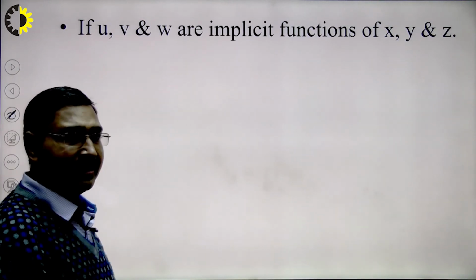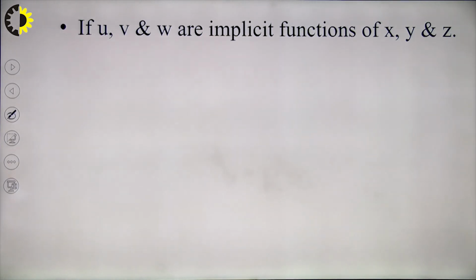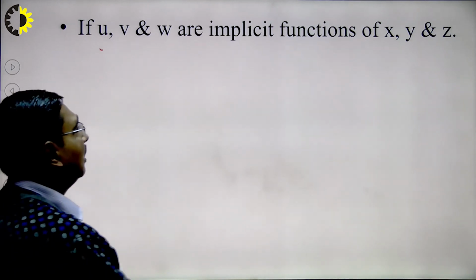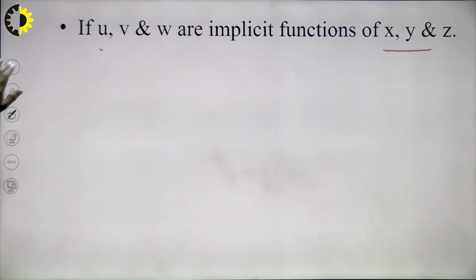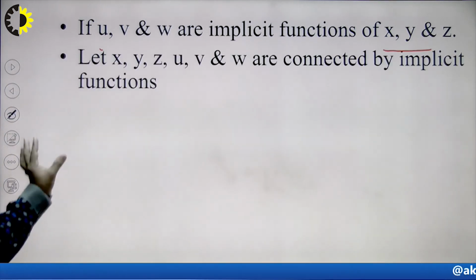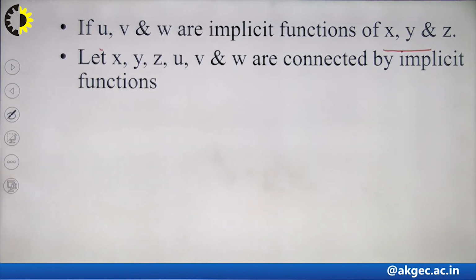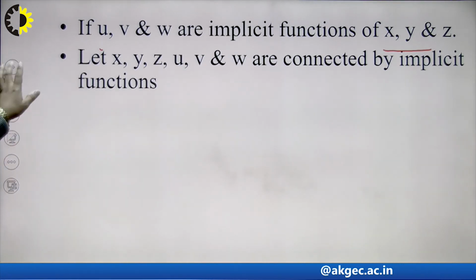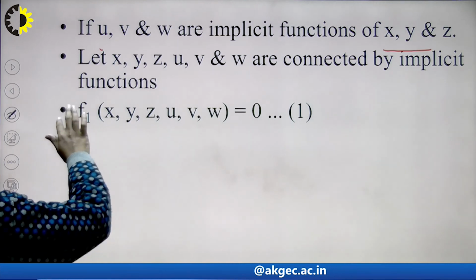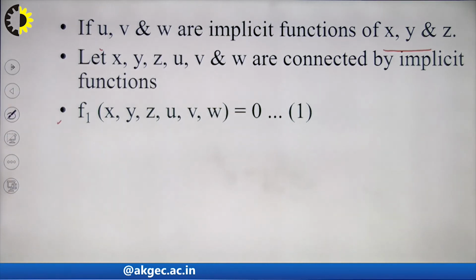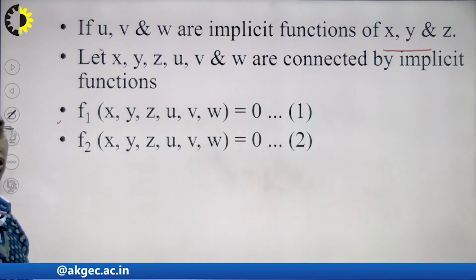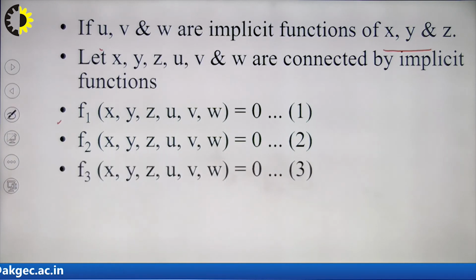Now, we understand this same property for 3 variables. The property says if u, v and w are implicit functions of x, y and z, then these implicit functions u, v and w will be connected through some relations, and these relations are expressed as f1(x, y, z, u, v, w) equal to 0, f2(x, y, z, u, v, w) equal to 0, f3(x, y, z, u, v, w) equal to 0.